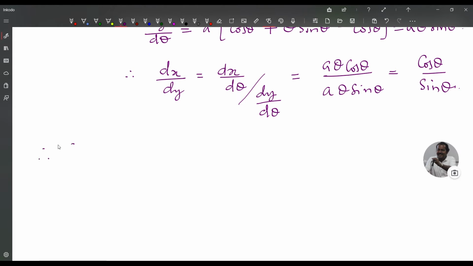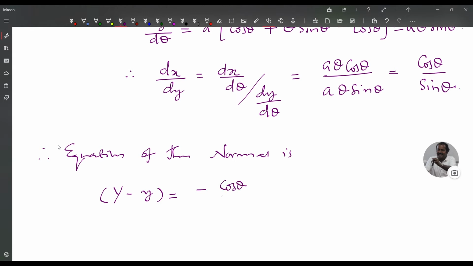Therefore, equation of the normal is y minus little y equal to minus dx by dy. So that is cos theta divided by sin theta into x minus little x.